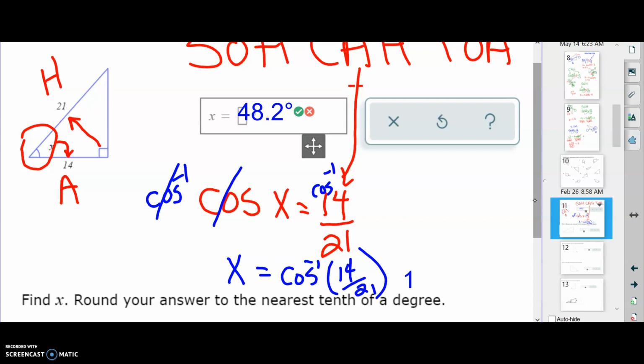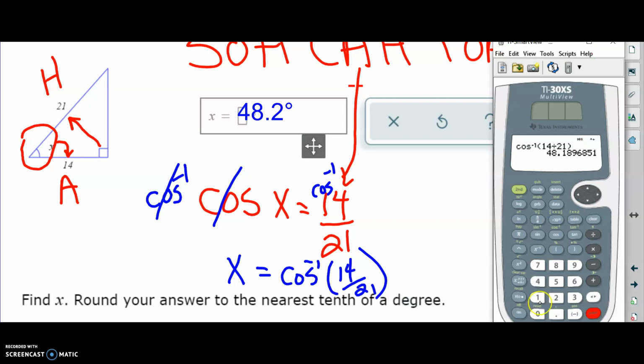If I was using my cell phone, which I'm sure a lot of you guys are using for your calculator, you would type in 14 divided by 21 first. On your cell phone, you type in 14 divided by 21 and hit equals, and you get a decimal, 0.666.